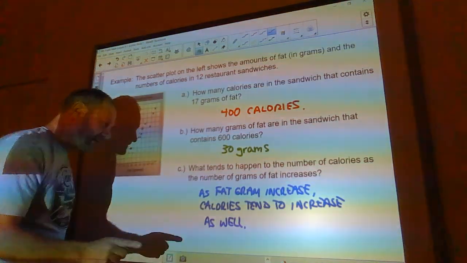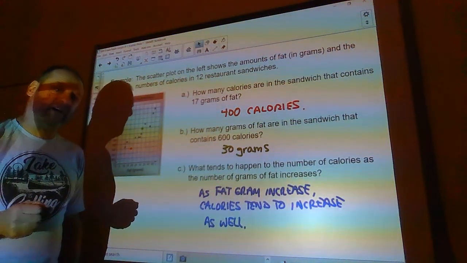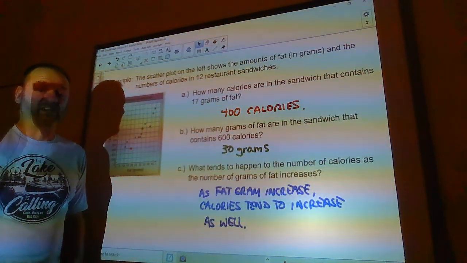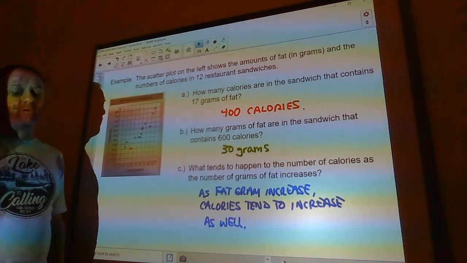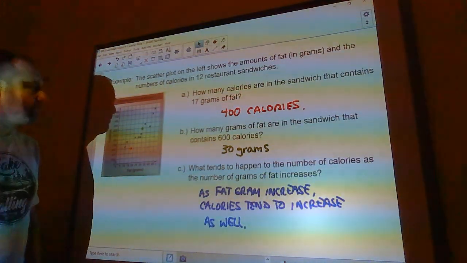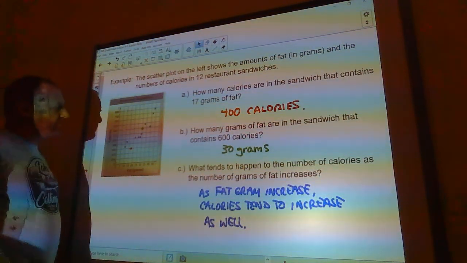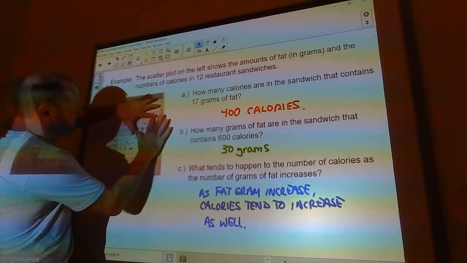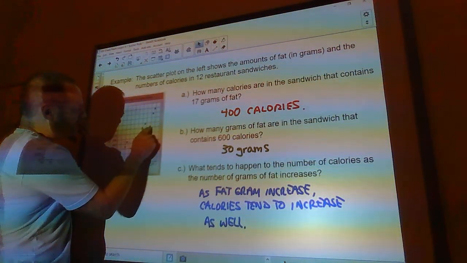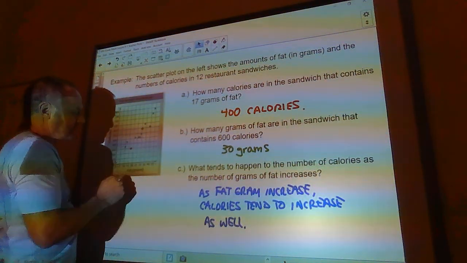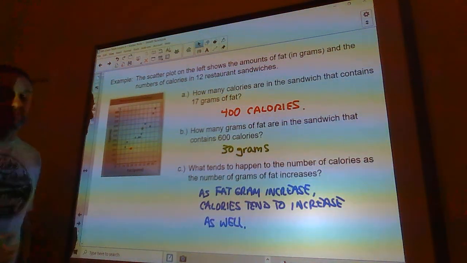Okay, now here's the thing about data. You have to have proper data. You have to have enough data, because I can always show something if I want to, whether it's true or not. Okay, if I just chose this set of data right here, these two data points right here, it would look like as the fat increases that the calories decrease.